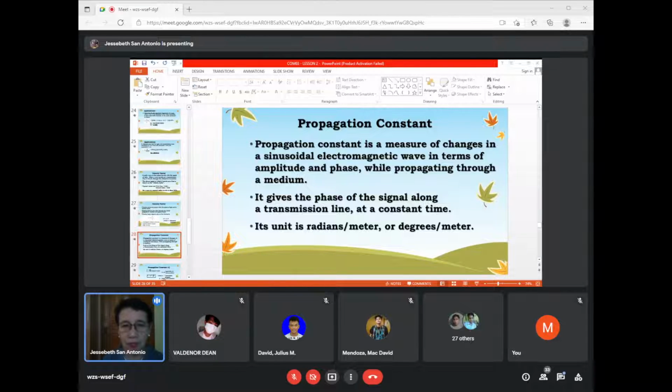What about the phase? When we speak of the phase of the signal, what are we referring to? I explained this, I think, in modulation encoding techniques. Tingnan natin. Mr. Navarro, what do you understand of the phase of a signal?